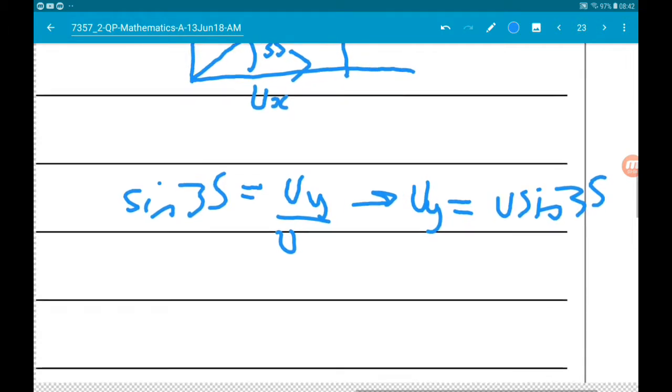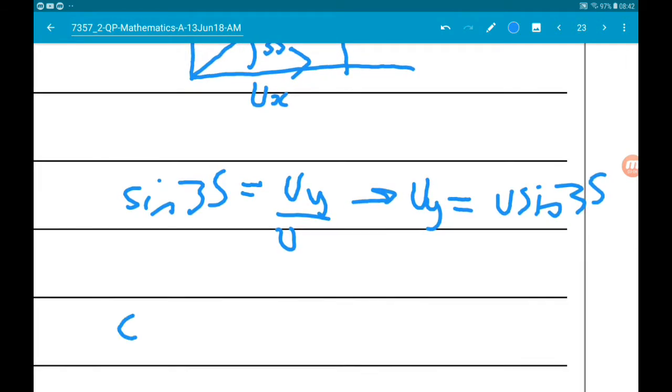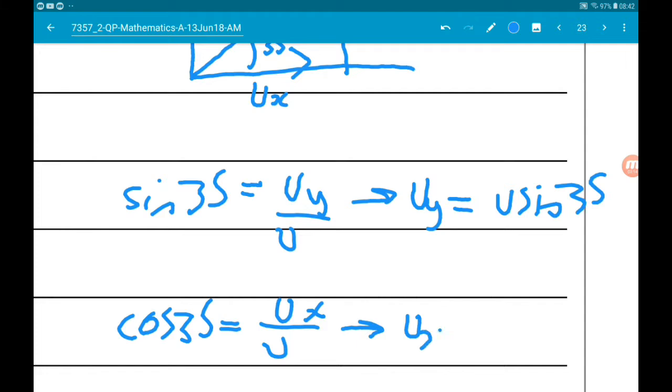So we know that cos of 35 would be u_x over u, which tells us u_x is equal to u cos 35. How was that useful? Well, we'll see in a moment.